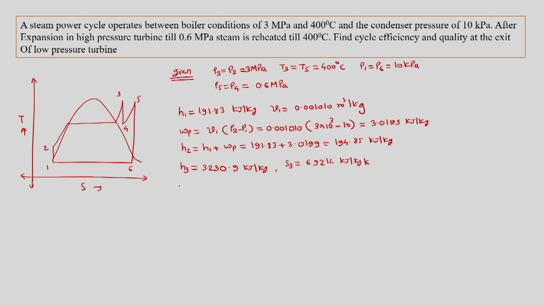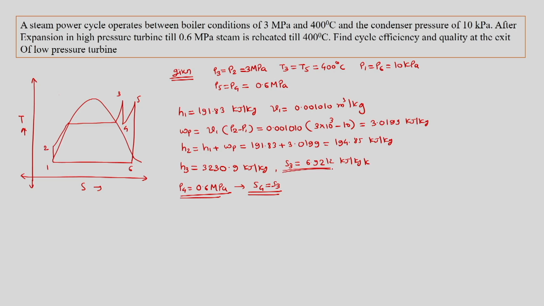Now we know that P4 is equal to 0.6 megapascal, and we also know that S4 is equal to S3. Now we know S3, so we have to go into the steam table. First we have to see what is the saturation entropy of vapor at 0.6 megapascal, and compare it with 6.9212.